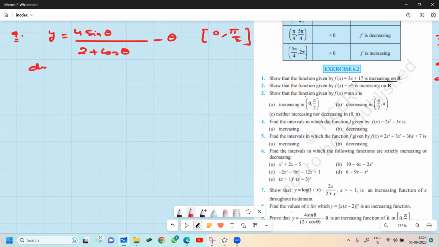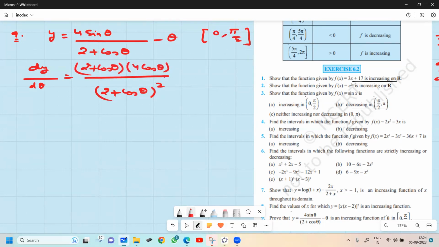So, let us find out dy by d theta. So, this will be the u by v method: (2 plus cos theta) as it is, times 4 cos theta, since the derivative of 4 sin theta is 4 cos theta, minus 4 sin theta as it is, times the derivative of 2 plus cos theta, which is minus sin theta because the derivative of 2 is 0 and of cos theta is minus sin theta, and minus theta gives minus 1.